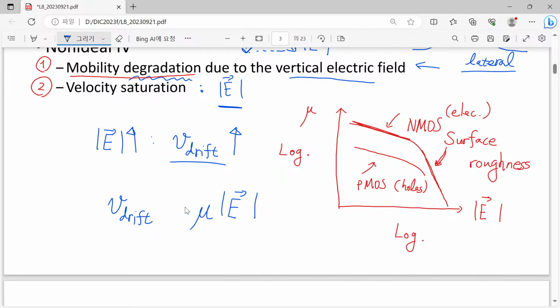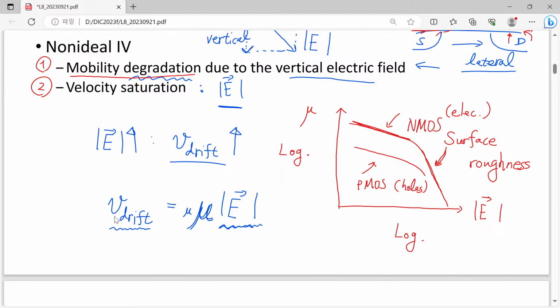So if we have high mobility, then for a given electric field we will have fast moving carriers. And if we have relatively low mobility, then although we have applied the same amount of electric field, our electrons or holes will move quite slowly. That is the situation of this mobility.